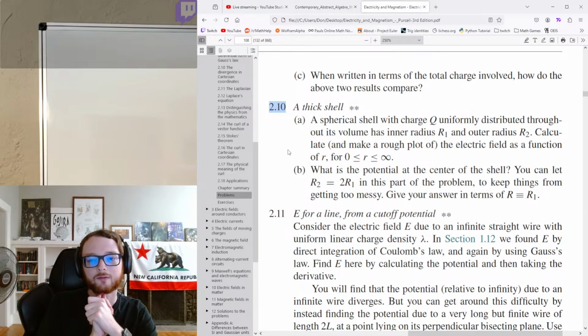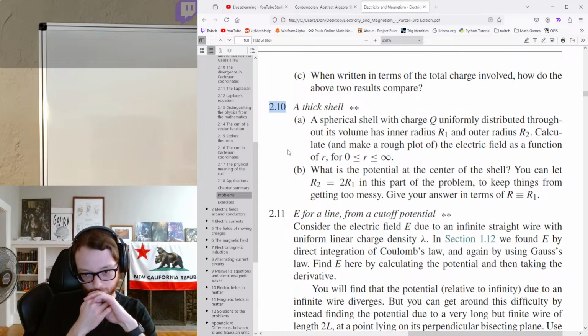Okay. Spherical shell with charge Q uniformly distributed throughout its volume with inner radius R1, outer radius R2. Calculate and make a rough plot of the electric field as a function of r. So they leave this open-ended. That's kind of interesting, for how you actually get this.